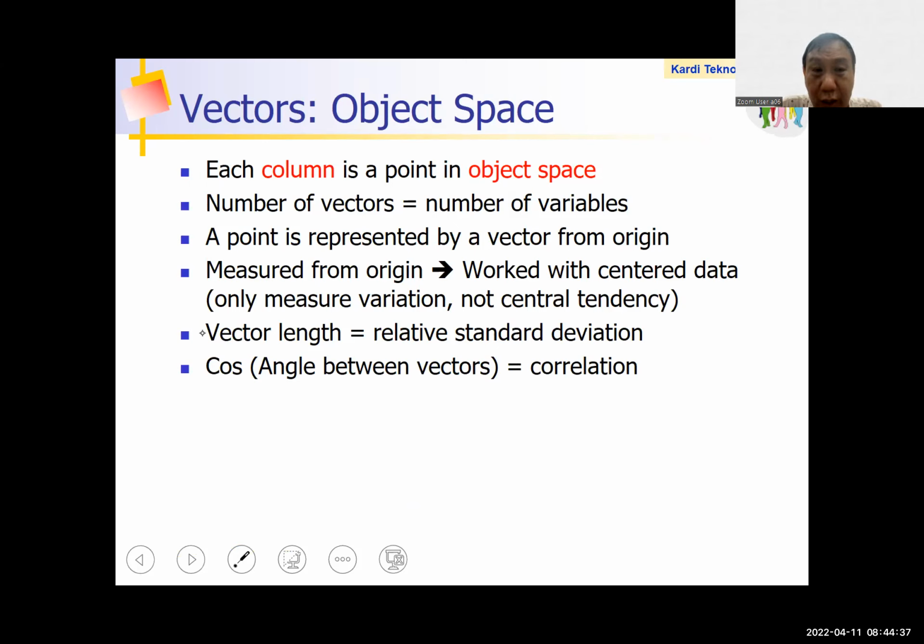Again, you are working with the centered data. Remember, a vector is represented by the length and the angle. The length is represented by the relative standard deviation, and the angle is represented by the correlation.